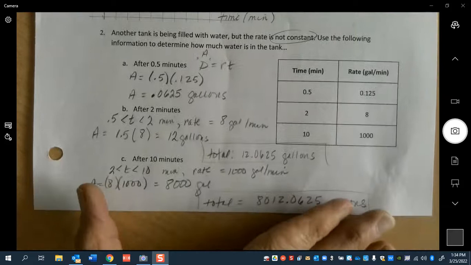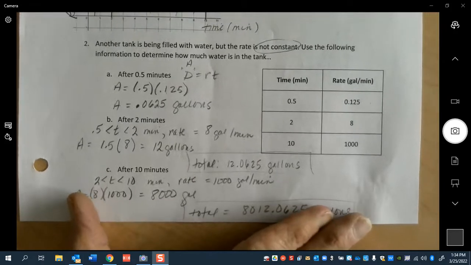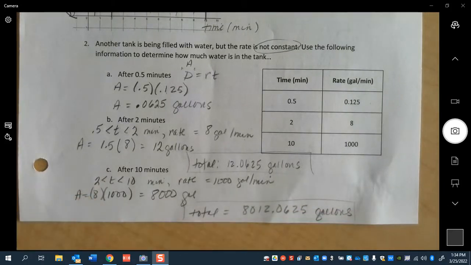When we get down here to our number 2, that tank is being filled with water, but my rate is not constant. So when I look at how much it's filling up at a rate of 0.125 at this instant, at this time, I can say, okay, that gives me that many gallons.